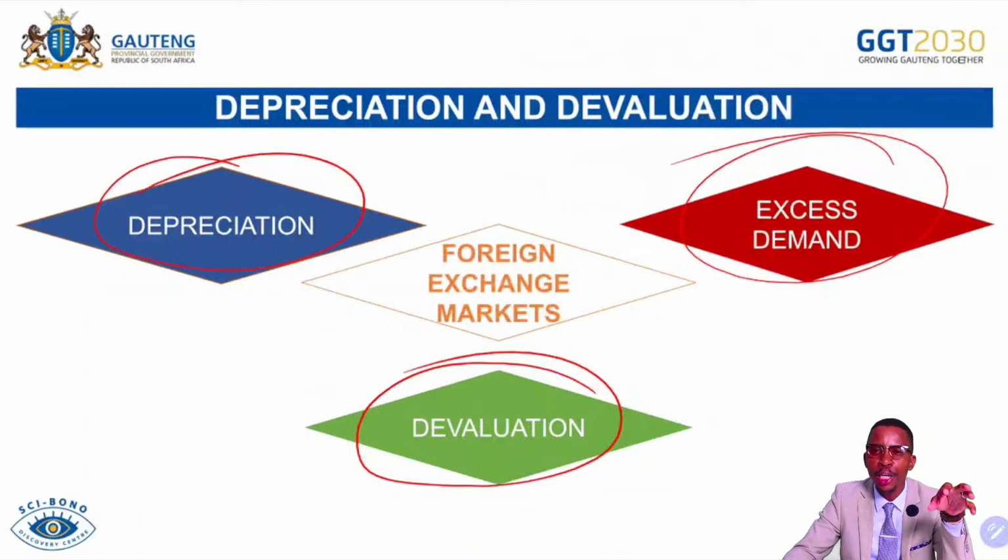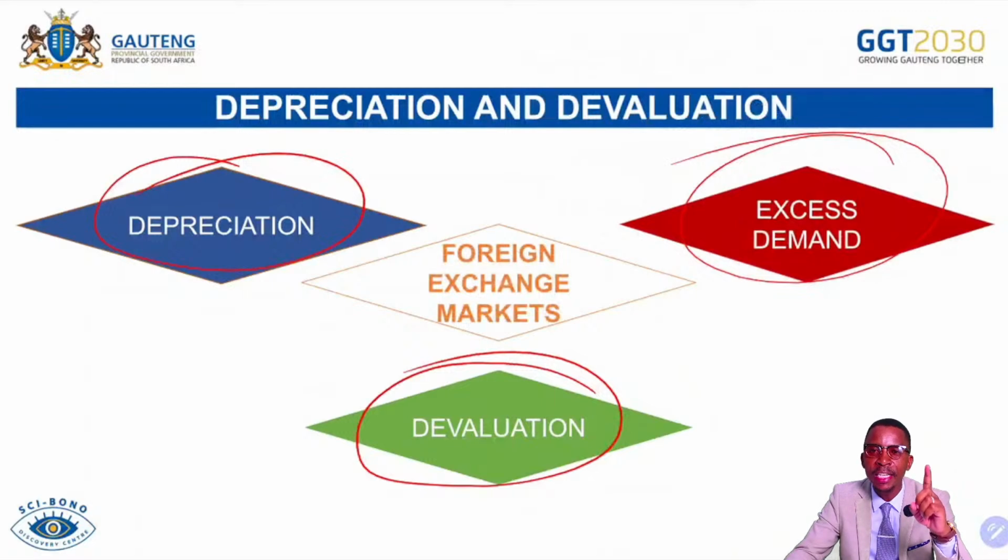It is very important for you to note that the exchange rate stability that we spoke about under public sector objectives is important here. We don't like a currency that is too strong. We don't like a currency that is too weak, because that results in what we call instability. It does not support our economic activities. We need a currency that is stable in a way that it supports our economic activities.